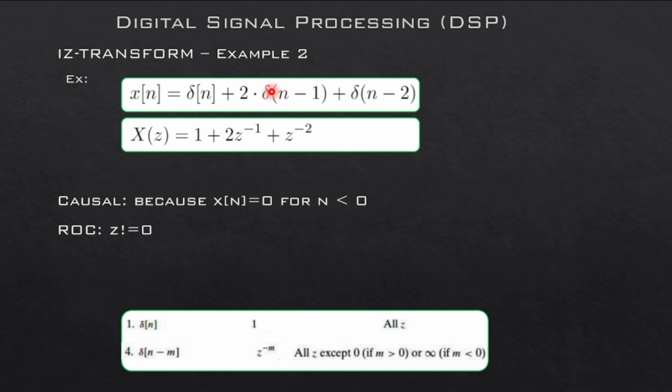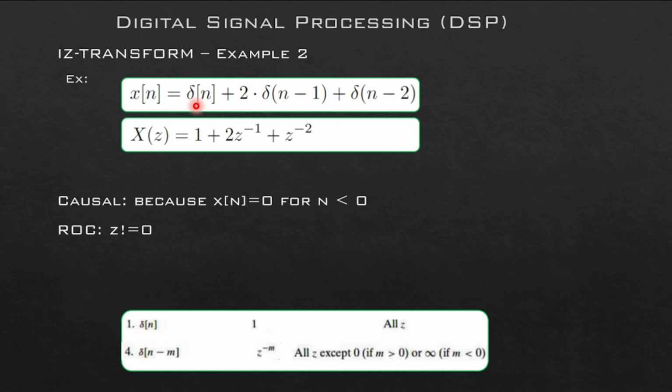For delta n minus 1, the shift is 1, so m is 1. So we have 1 plus 2 times z to the power minus 1. Here m is equal to 2, because n minus 2, so plus z to the power minus 2, correct?